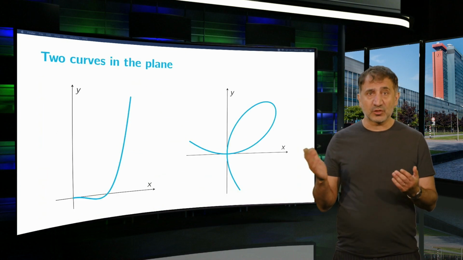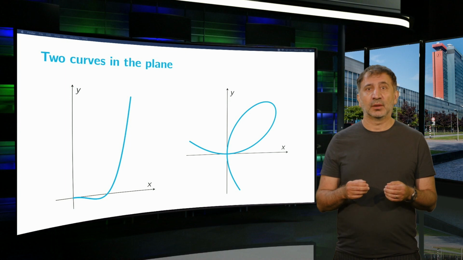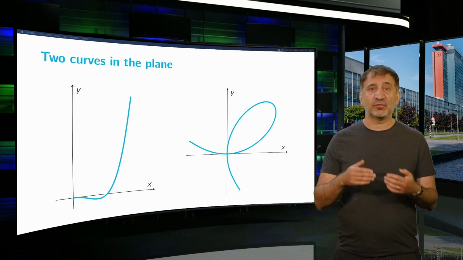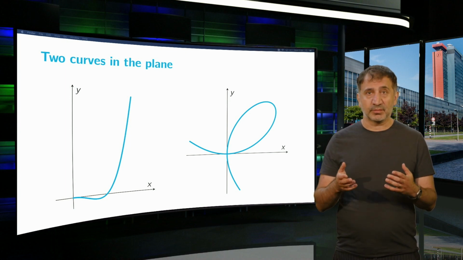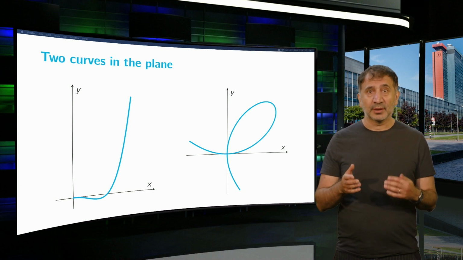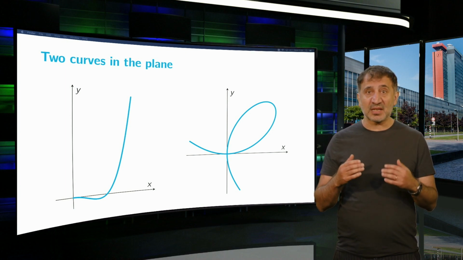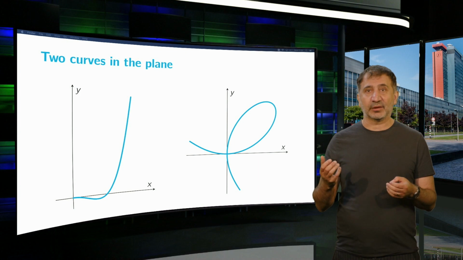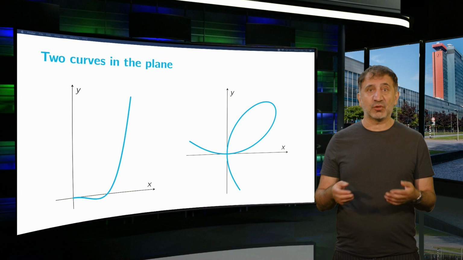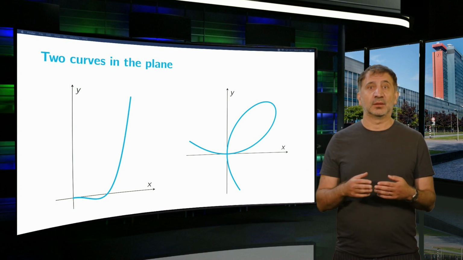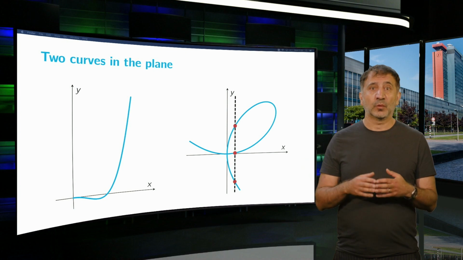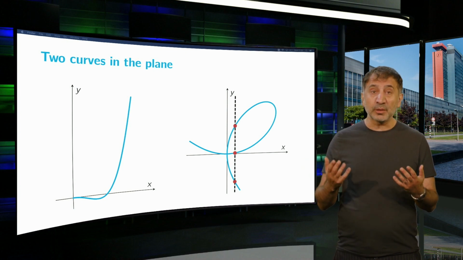We start with these curves in the plane. The one on the left is the graph of a function. This means that for each x value that is involved, there is precisely one corresponding y value. The curve on the right is not the graph of a function, as you can see by looking at the vertical line, shown here for instance, which intersects the curve at 3 points.